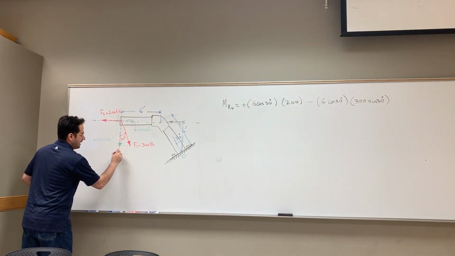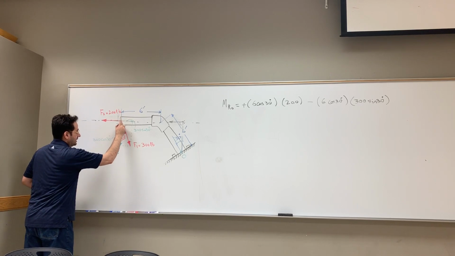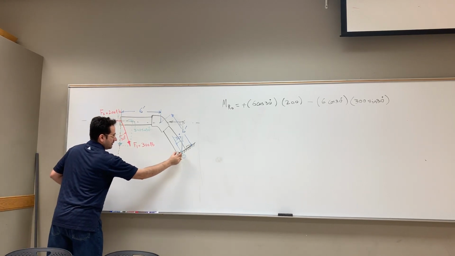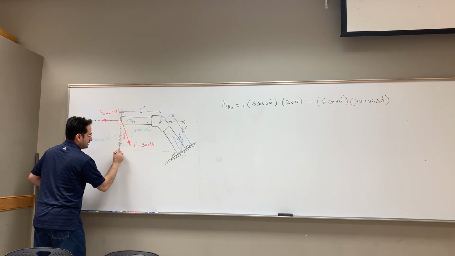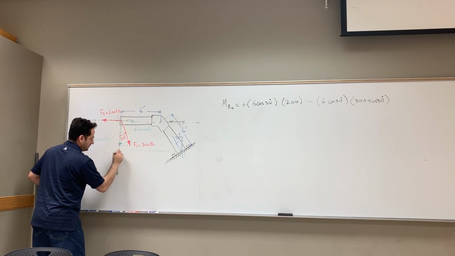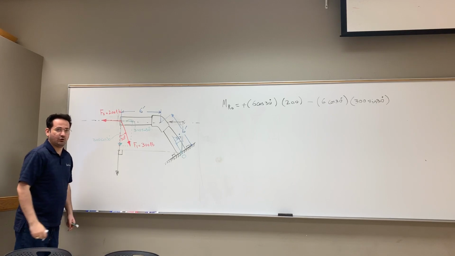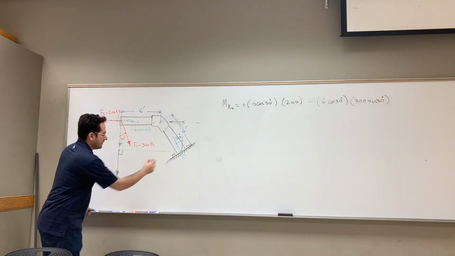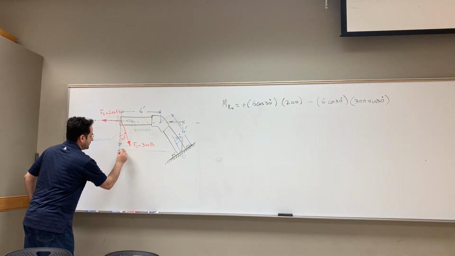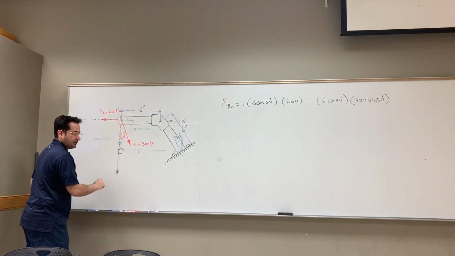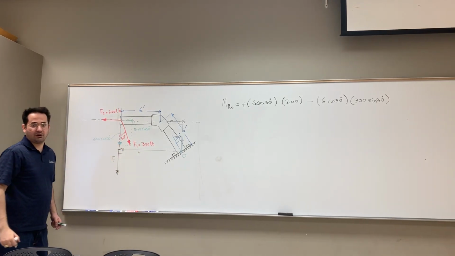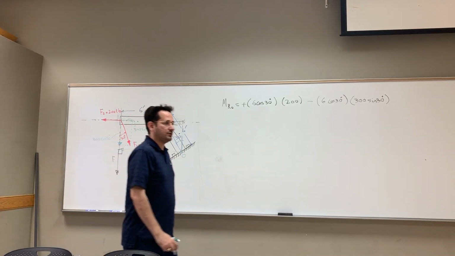Yeah, you bring it down. So you start moving it from here, you bring it down, right here. See that? You bring it right here, and here is normal to the distance. So this is your R, the position vector, and this is the force component, right? So what's the moment arm?